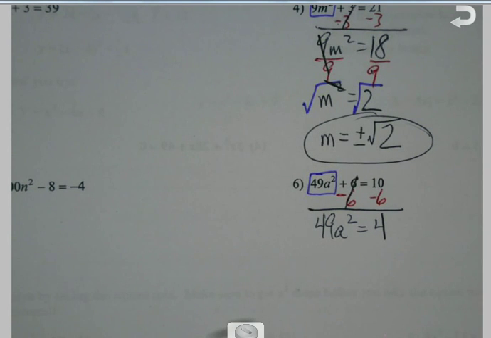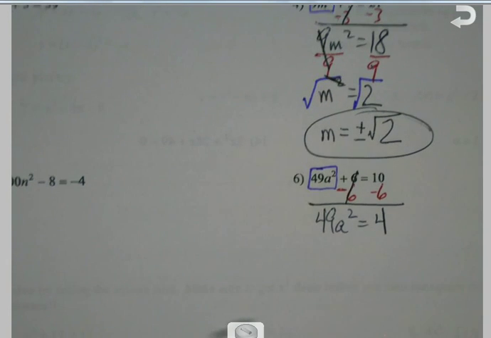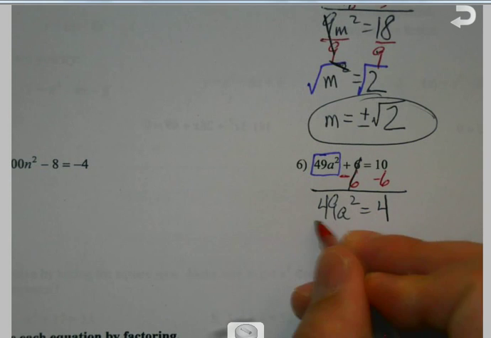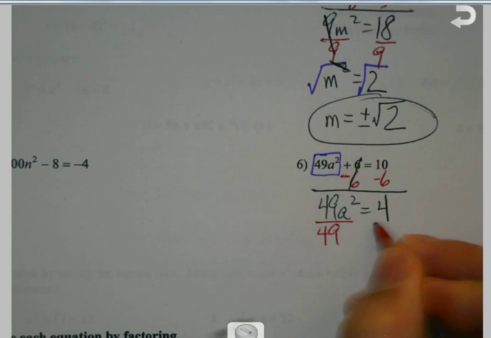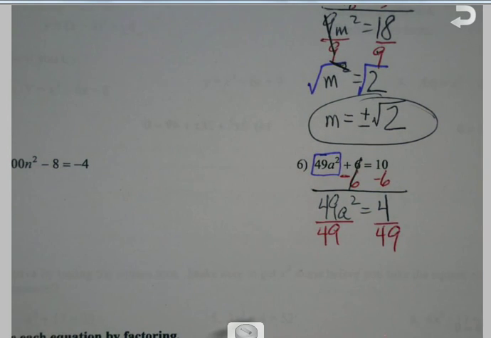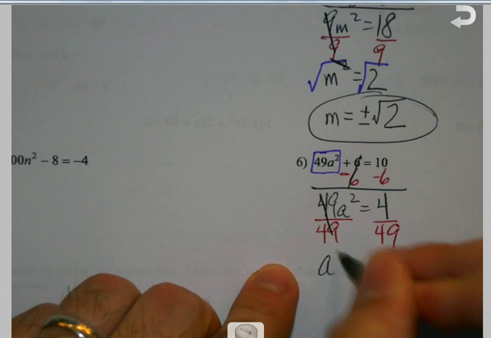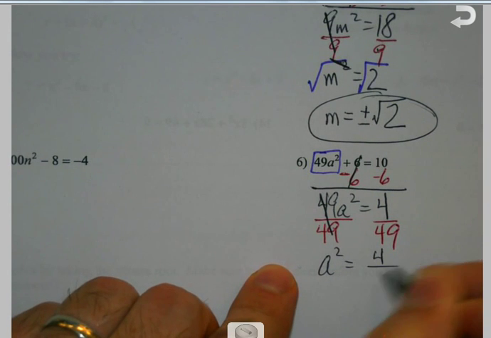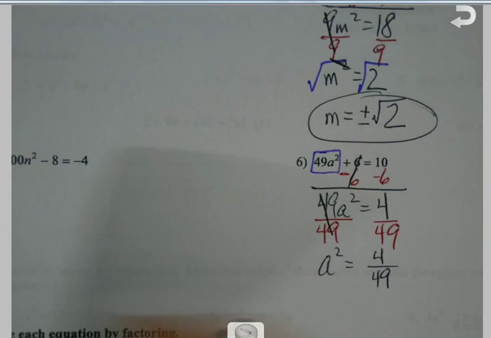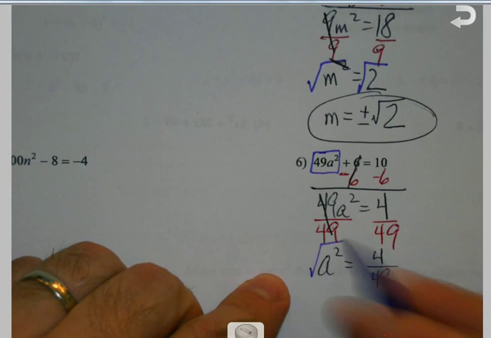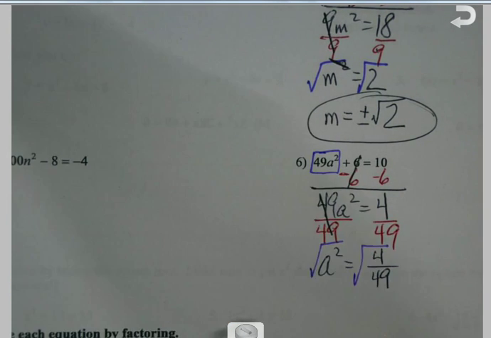This is the part where I have to think a little, and why it's good that we don't go to decimals. You're like, okay, I got to divide by 49 to get a squared by itself, which I agree. And you're like, well, 4 over 49, if I take the square root of that, that's going to be a decimal. I agree, but let's think about this for a second.